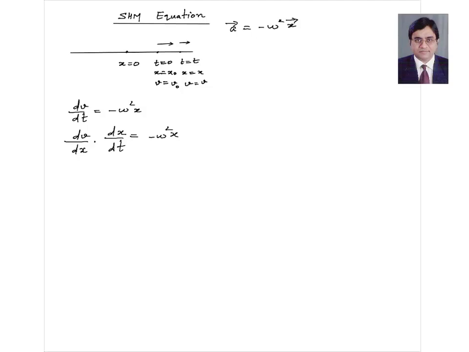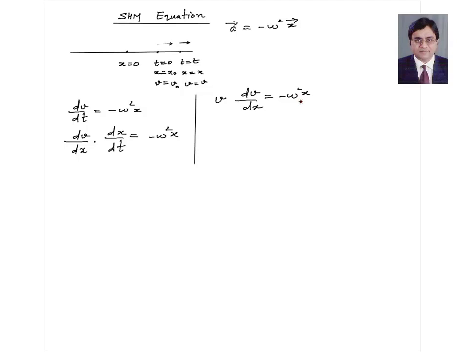Right. So that allows me to get everything in just 2 variables. v, which is dx by dt, into dv by dx equal to minus omega square x. Right? So t is gone completely. Our problem is solved. Now we can do the math, integration, etc. and we can find the relationship between v and x.